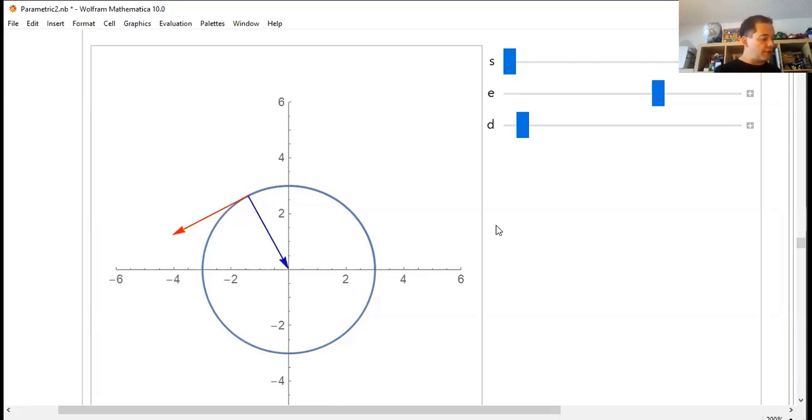So let's talk now about motion of things where we are on a circle or on a sphere, right, in three-dimensional space. And we'll look at some examples in three-dimensional space for the first time as well. So let me take it back to the book and we'll go to page 886.